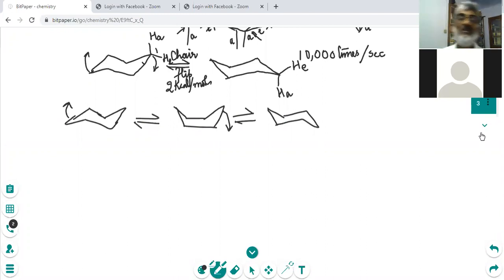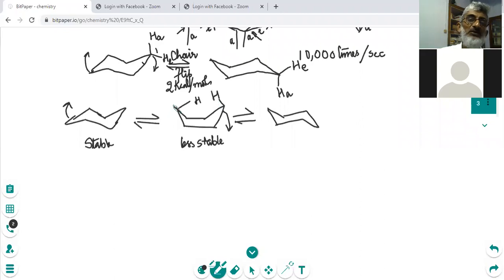Clear? So this is now stability point of view. This is more stable. This is less stable. Because of this hydrogen interaction.